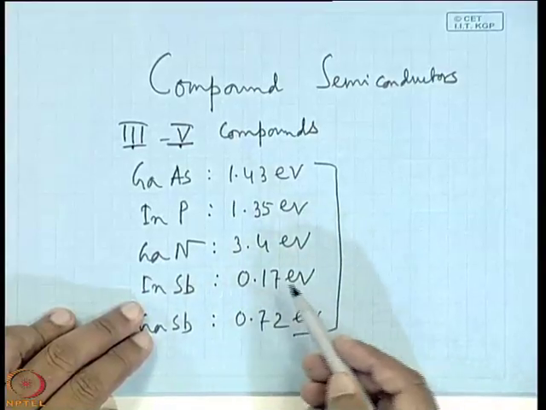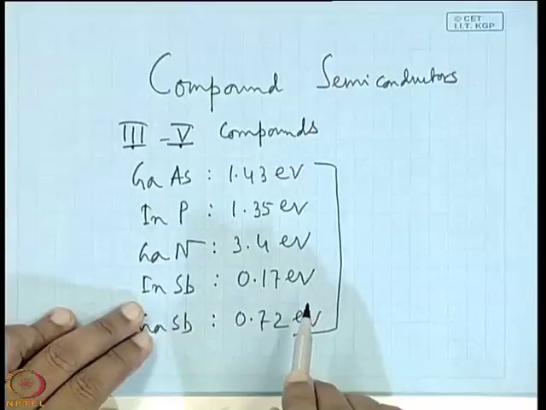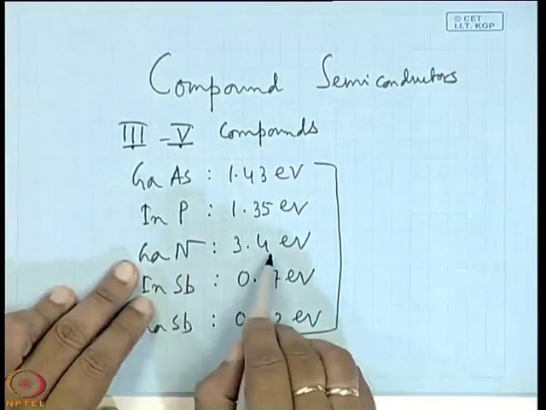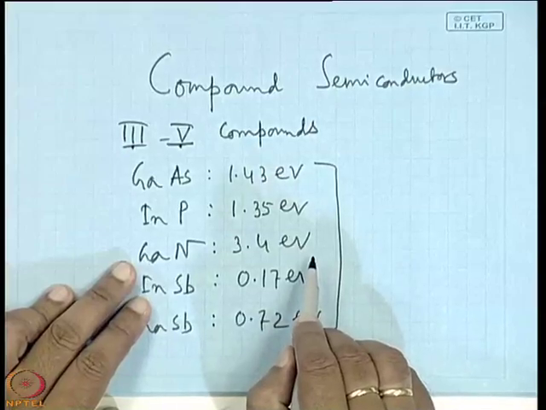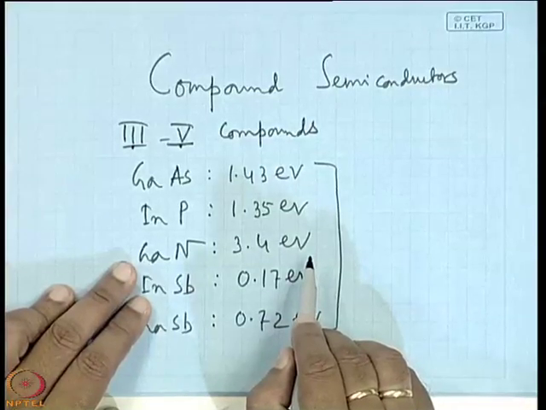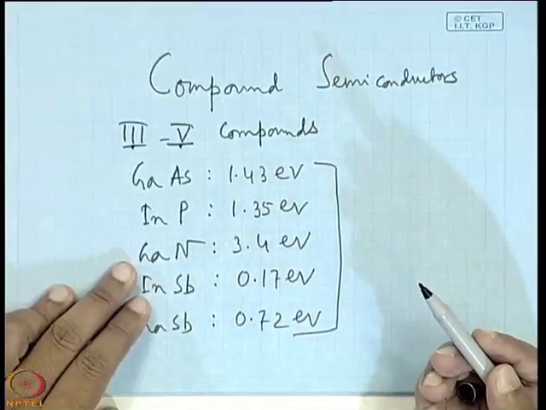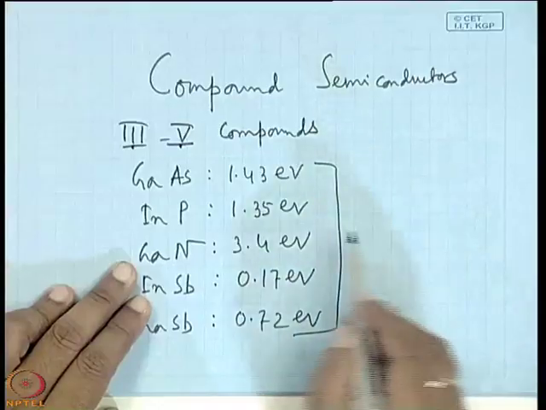Obviously, if the band gap is small, the region of application will be in the infrared. Similarly, gallium nitride is 3.4 electron volt. Which region can it cover? 3.4 is basically UV or blue.